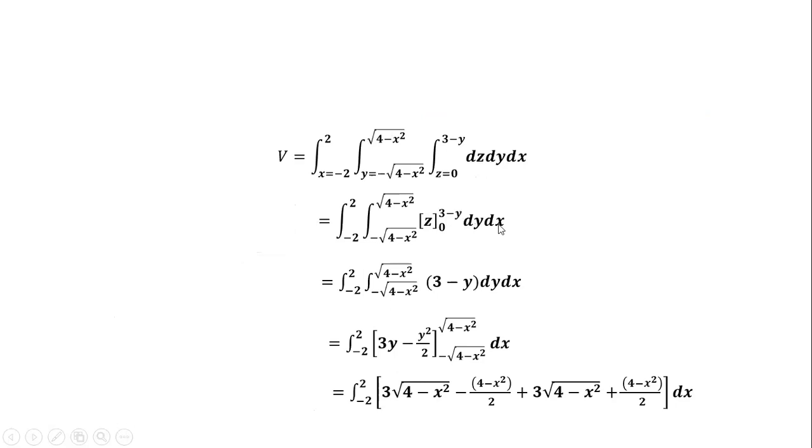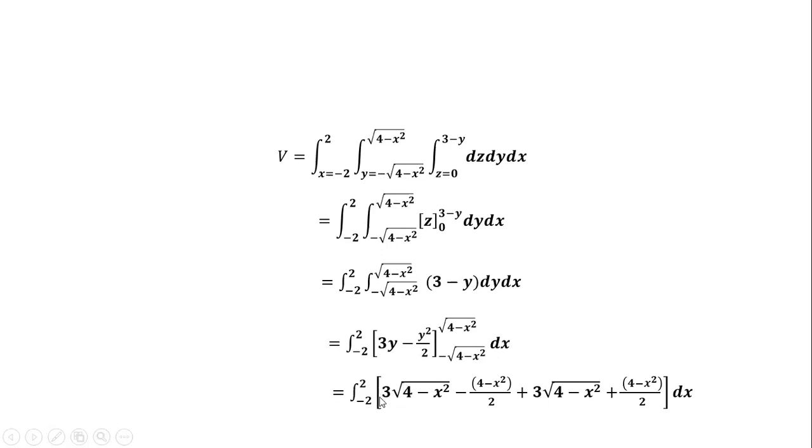Now putting the limits, we will get 3 minus y. Again, integrate 3 minus y with respect to y, we will get 3y minus y square by 2. Again, putting the limits of y, that is plus square root of 4 minus x square in the upper limit and minus square root of 4 minus x square in the lower limit.